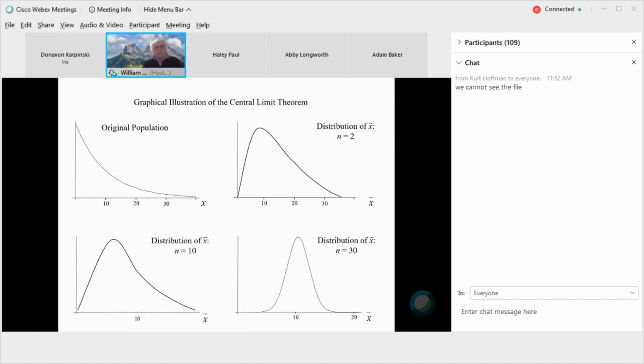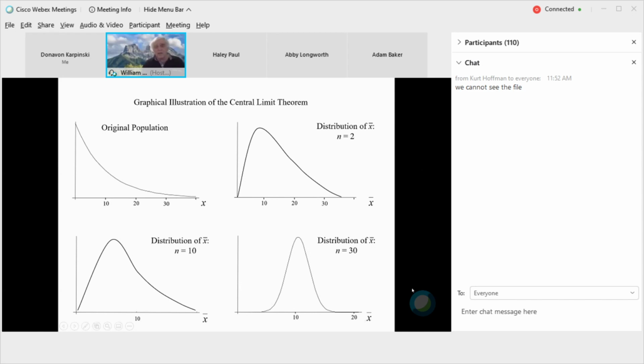So here's what the original population looks like. It's not a bell-shaped curve, it's a positively skewed distribution. You can show by mathematics that the distribution of X bar for n equal to 2 looks like this. For n equal to 20, it looks like this. So you can see the hump is forming.